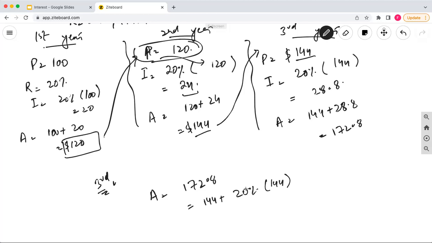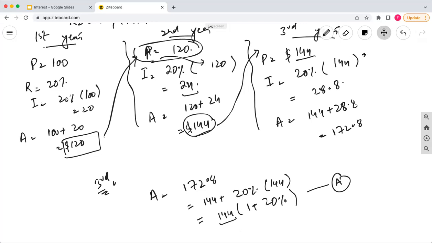Is this right? Okay, so if I take the 144 common, this will be 144 into 1 plus 20%. Okay, let's hold on to this now. What is 144? 144 is the value at the end of the second year.